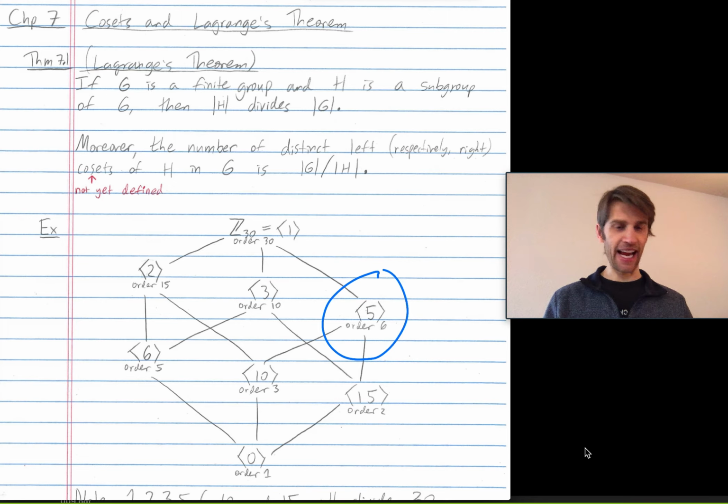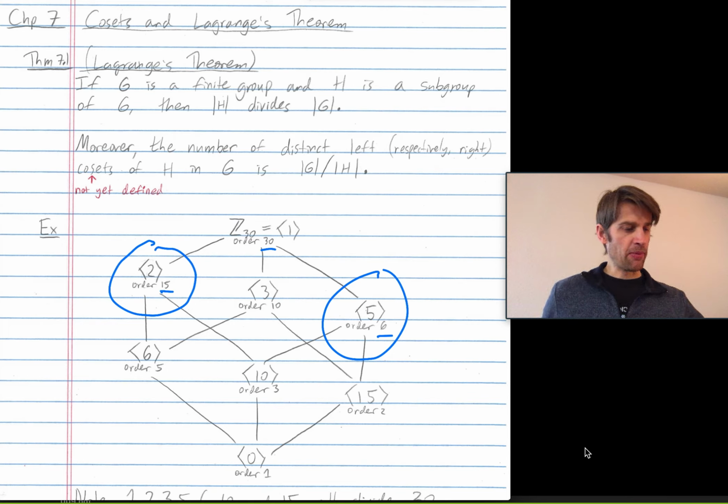I've listed the sizes of all of these subgroups. This particular subgroup has size 6, whereas the subgroup of all the even numbers had size 15. You'll notice that both 15 and 6 divide the size of the larger group, 30.